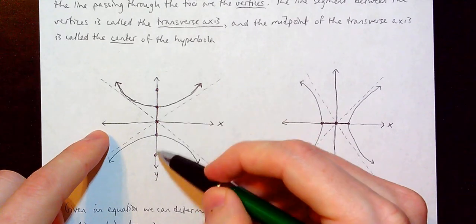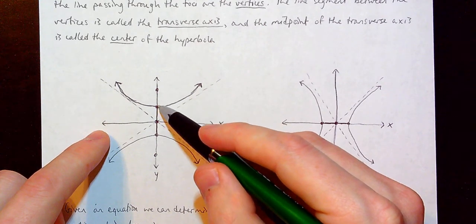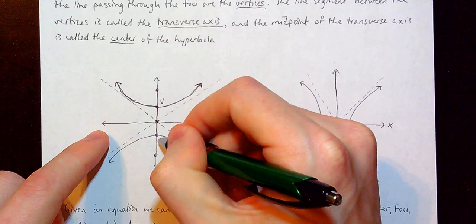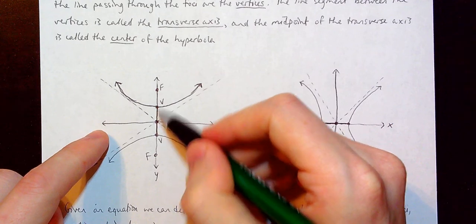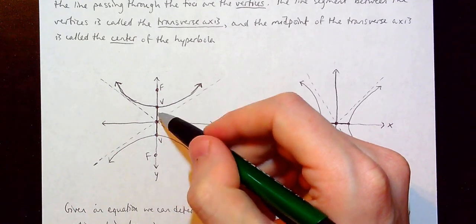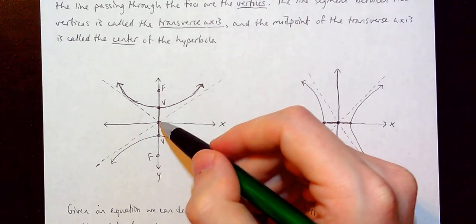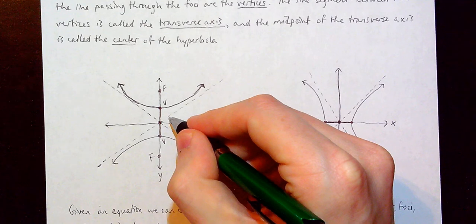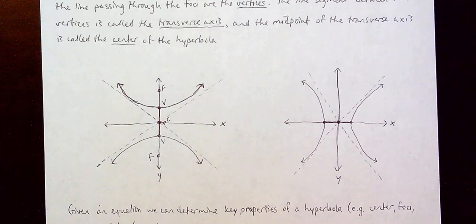So the line segment through these foci intersects the hyperbola itself at 2 points. Those points are the vertices. I'll put those with V's. Here the F's are the foci. This line segment here between the vertices, that's your transverse axis. And then the midpoint of the transverse axis, aka the midpoint of your vertices, is the center. And I'll call that C. That is the center of your hyperbola.